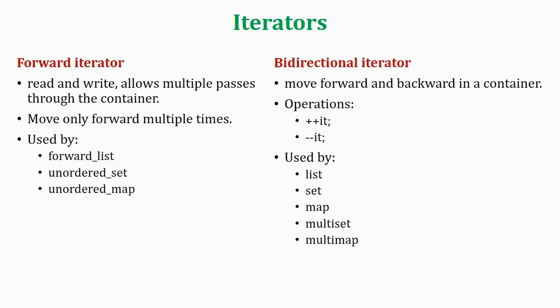The next one is the forward iterator. It can read and write. It allows multiple passes through the container, moving only forward multiple times. It is used by forward list, unordered set, and unordered map. The next one is the bidirectional iterator. It moves forward and backward in a container.